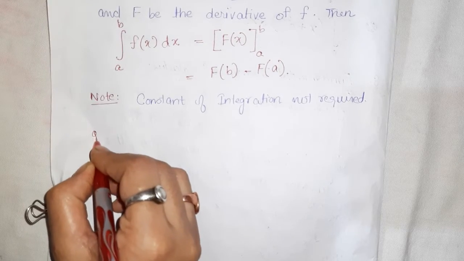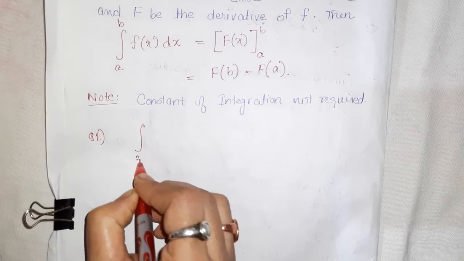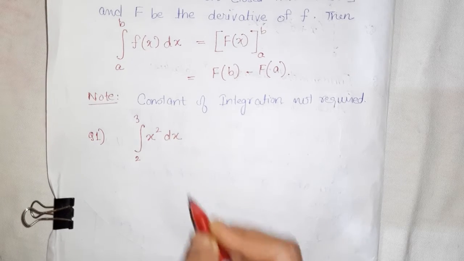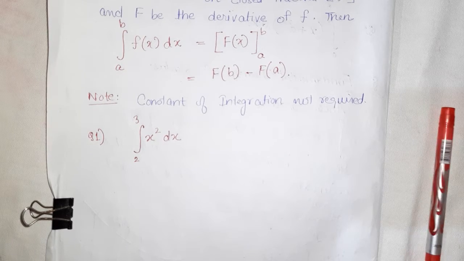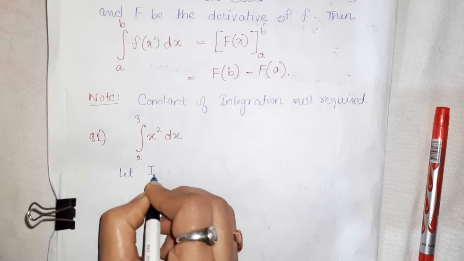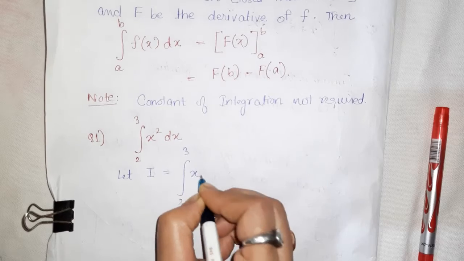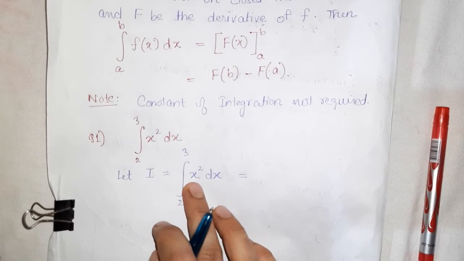So a very simple example: we take integration from 2 to 3, the function is x square dx. Now let this integral be I. What is the integration of this function?